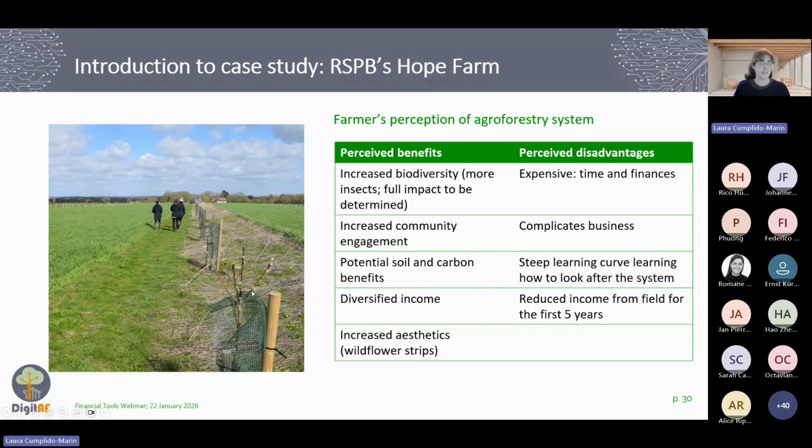Hopefully, once the trees are in full production, that will change and will improve the situation. Because at the moment the trees were planted in 2021, 2022, so they are only a few years old, and they still haven't produced much apples.